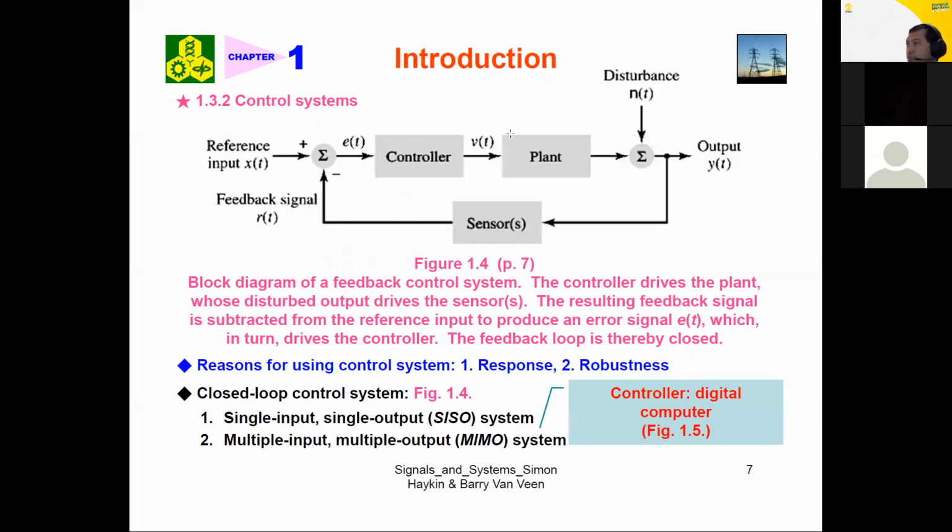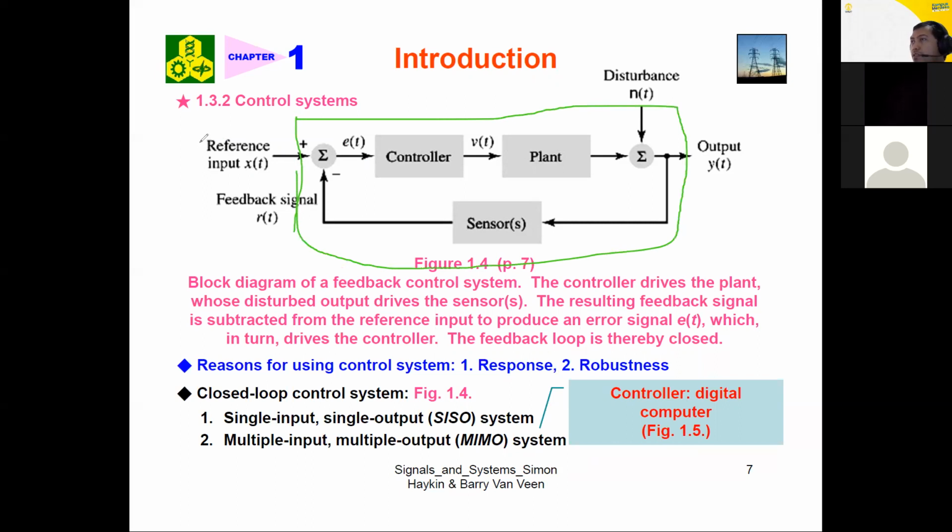Okay, let's move forward to another system, which is a control system. Maybe some of you who are interested in the control system, you can see here. This is a control system.